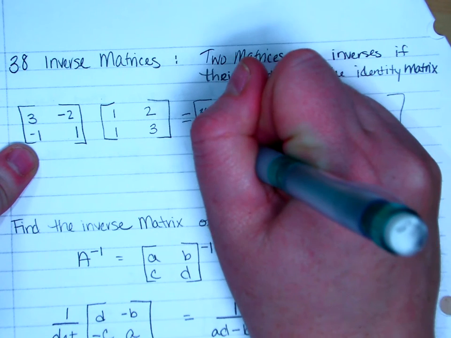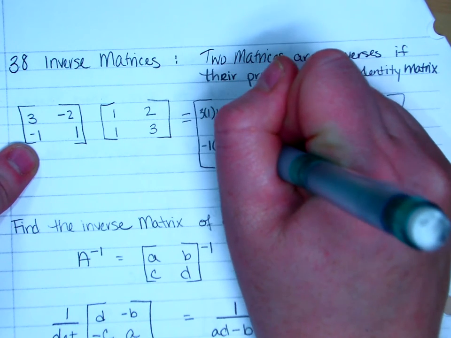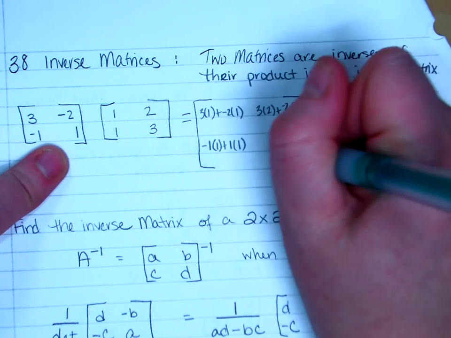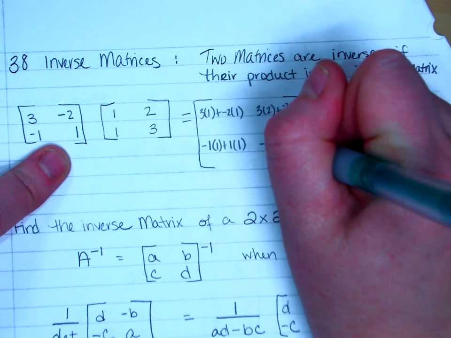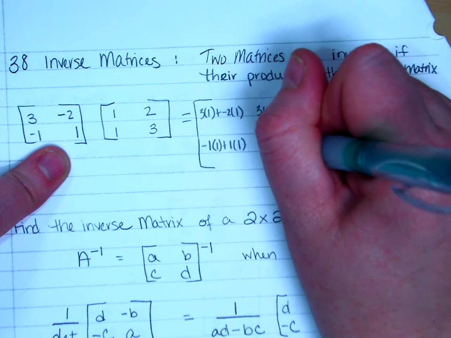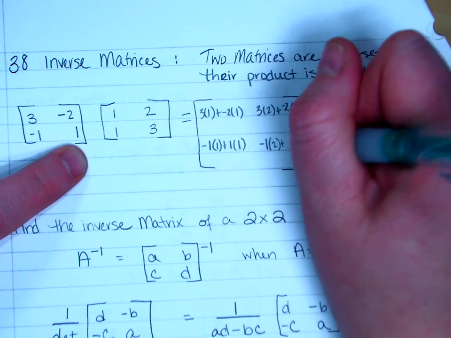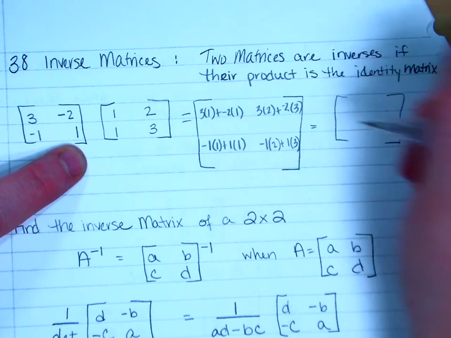Negative 1 times 1 plus 1 times 1. Negative 1 times 2 plus 1 times 3.